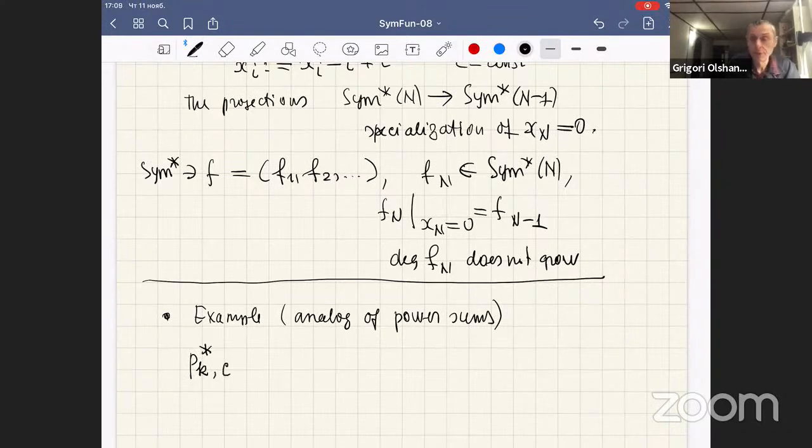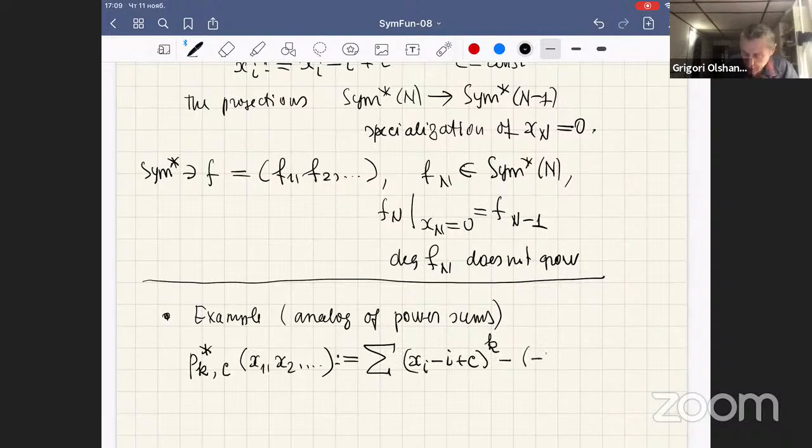The definition depends on the choice of this c. It is as follows. I will write the definition in infinitely many variables. It is by definition the infinite sum of (xi minus i plus c) to the power k, minus this expression.